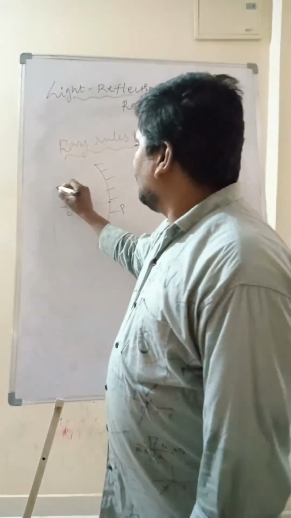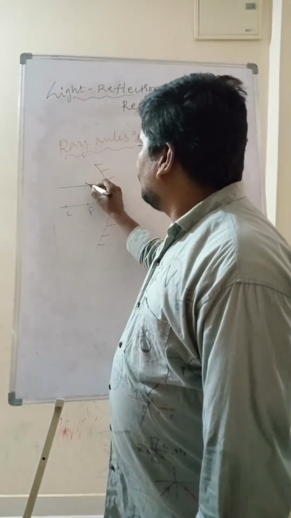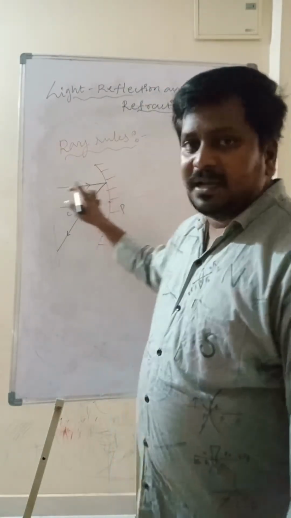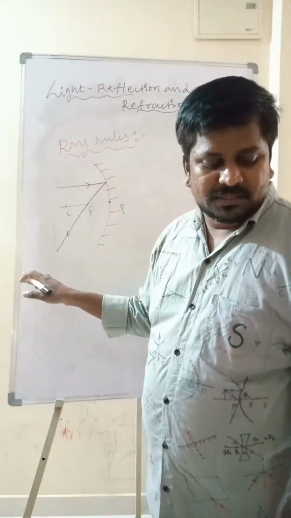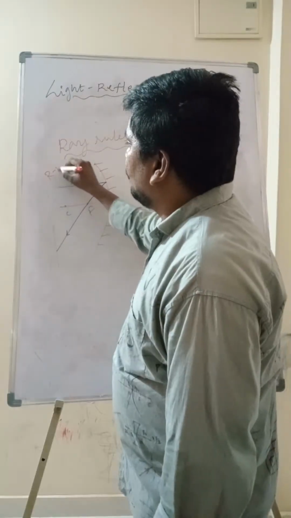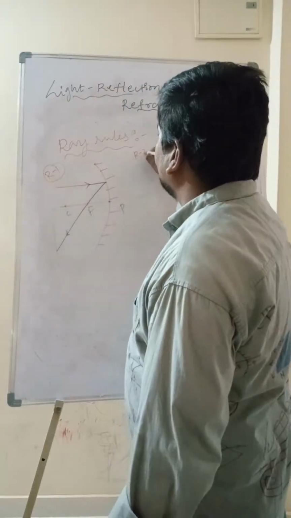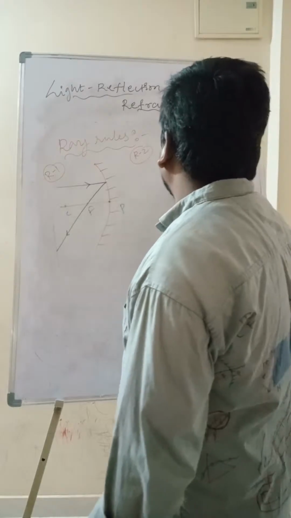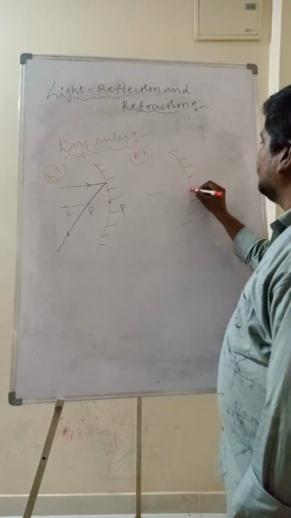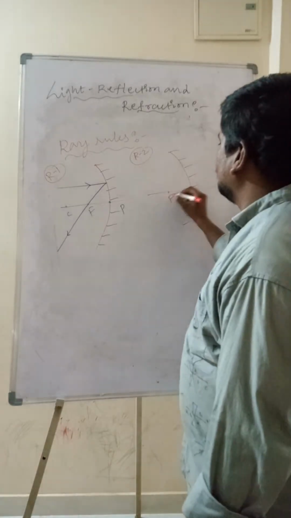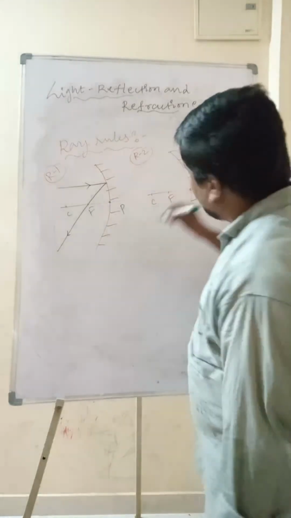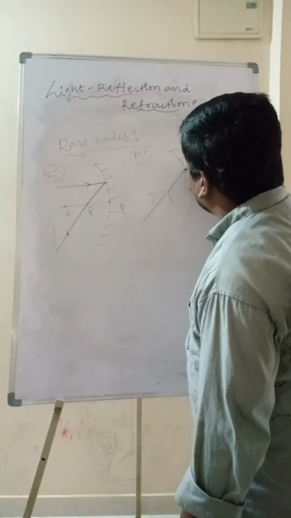So one light ray I am taking like this. After reflection, it passes through the focus. This is ray rule 1. Another light ray I am taking like this, passing through the focus.